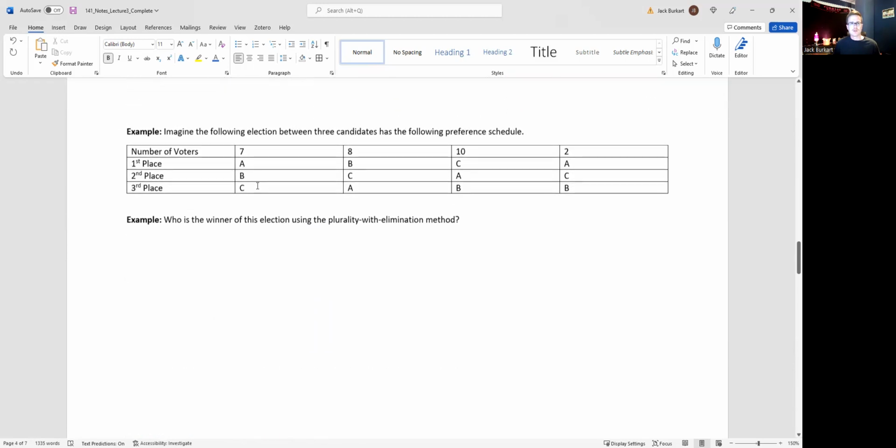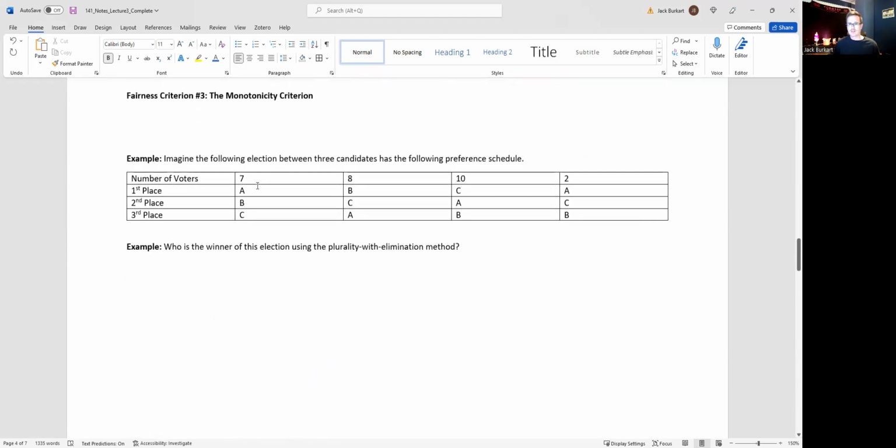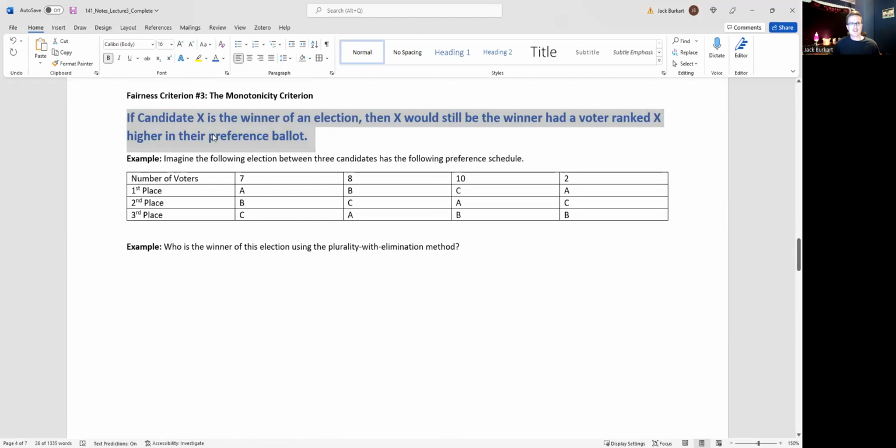All right. So let's scroll down to our third fairness criterion called the monotonicity criterion. Here's what the monotonicity criterion says. If candidate X is the winner of an election, then X would still be the winner had a voter changed their mind and ranked X higher in their preference ballot.